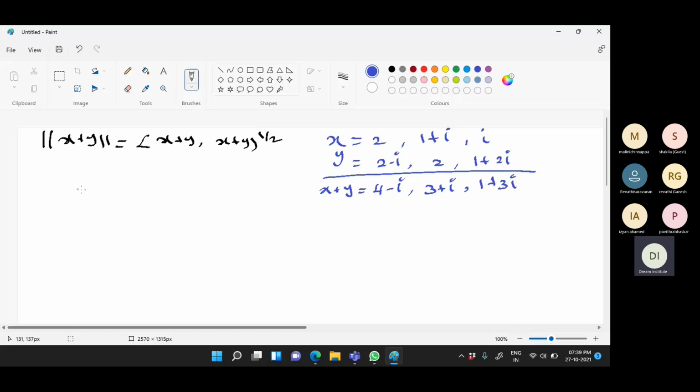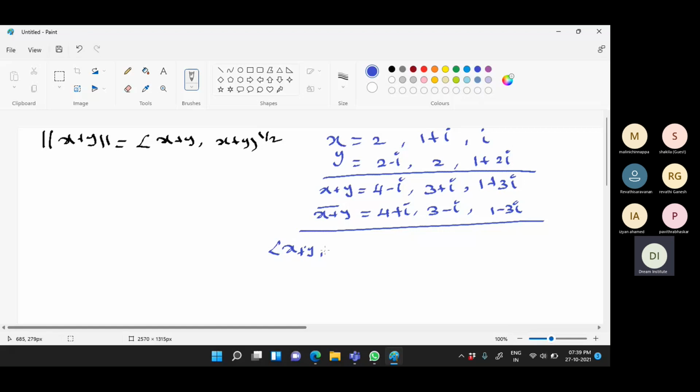And what about x plus y bar? Because you need to multiply these two values only after that. 4 plus I, 3 minus I, 1 minus 3I. Just multiply these two values, x plus y comma x plus y bar.